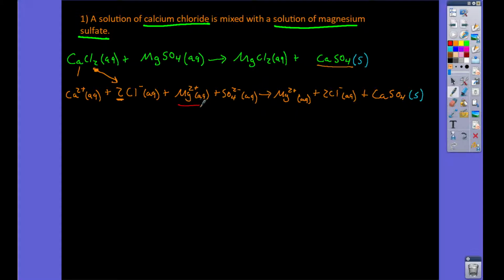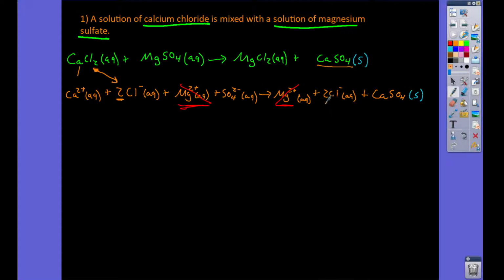So for example, we see magnesium here with the 2+ charge on the left side of this equation, and a magnesium with the 2+ charge on the right side of the equation. This means that nothing has changed about this magnesium, so it doesn't actually take part in this reaction. So for the net ionic equation, I'm going to go ahead and cancel this out from one side to the other to show that this doesn't really change at all, so therefore it's not really part of the reaction.